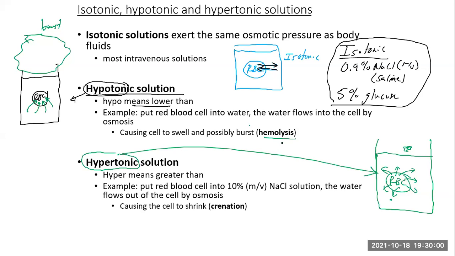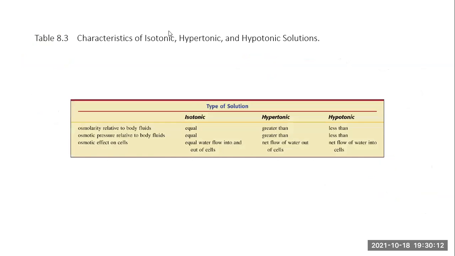Any questions on those three types of solutions? Okay, let's take a look at a couple examples. Let's say we put a red blood cell into each of the following solutions. What would happen? Is it a hypertonic solution?